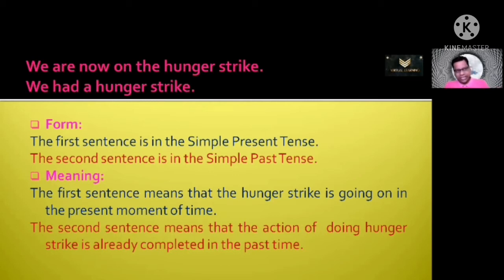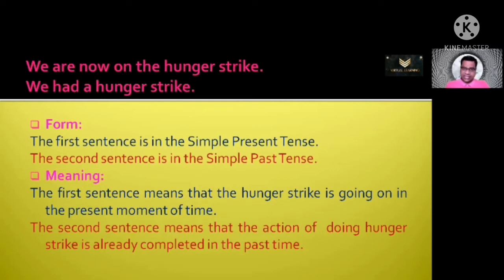Now you look at the meanings here. The first sentence means that the hunger strike is going on in the present moment of time. And that's why it is expressed like this: we are on the hunger strike.